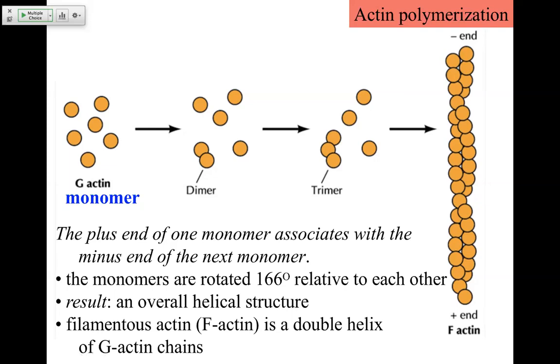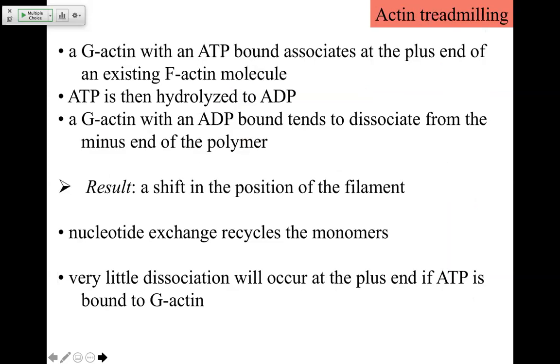Now, F-actin can grow, and actually it's very similar to microtubules. It's possible for F-actin to grow at either end, but it primarily grows at its plus end by the addition of more G-actin subunits. Primarily, G-actin that is bound to an ATP will associate with the plus end.